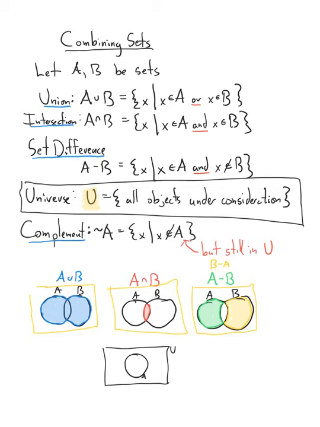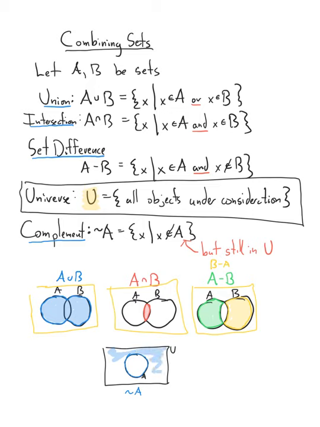Okay. So, we want everything not in A. So, all the objects in A are in this circle. So, the complement is going to be everything outside of it. So, let me do this in blue here. So, the complement of A is everything outside of it. I'm going to highlight this circle, but I'm not going to shade inside of it. I'm going to shade outside of it.